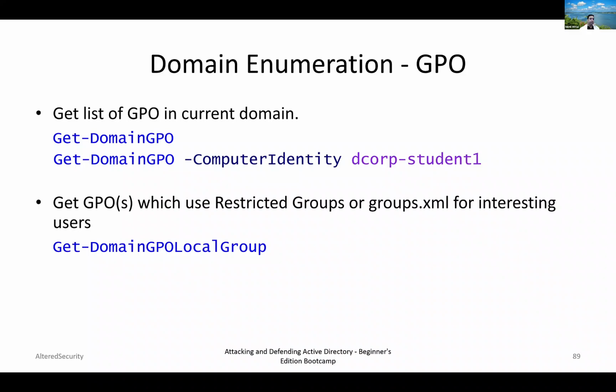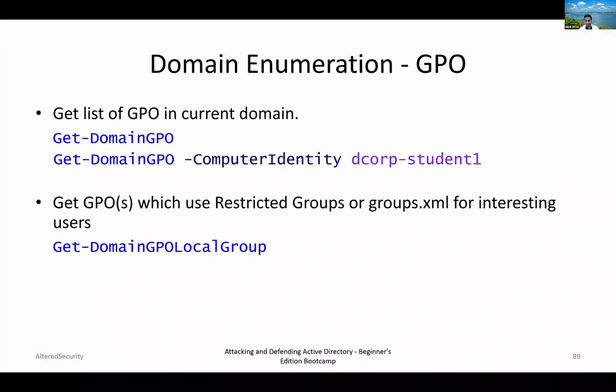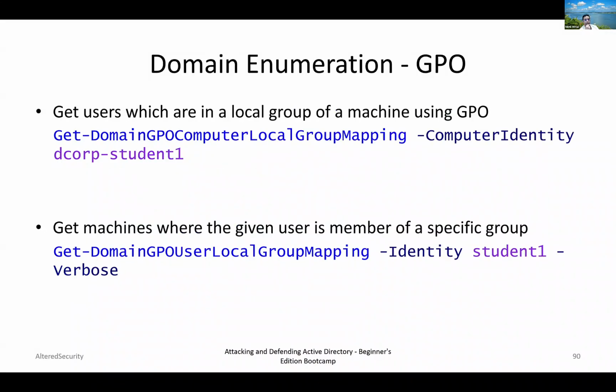That can be enumerated using Get-DomainGPOLocalGroup. That is not configured or used in the lab. Now, if you would like to list users which are in a local group of a machine using GPO, or do it the other way around, even that is possible.